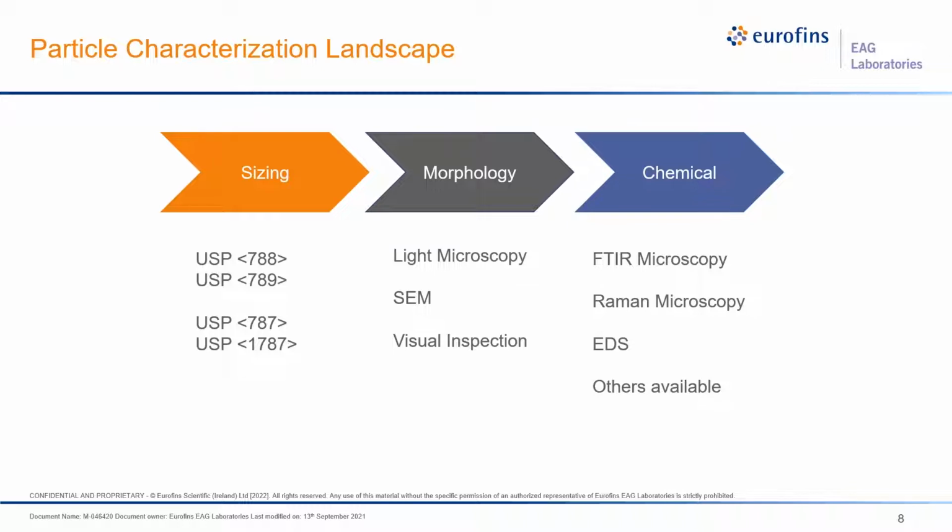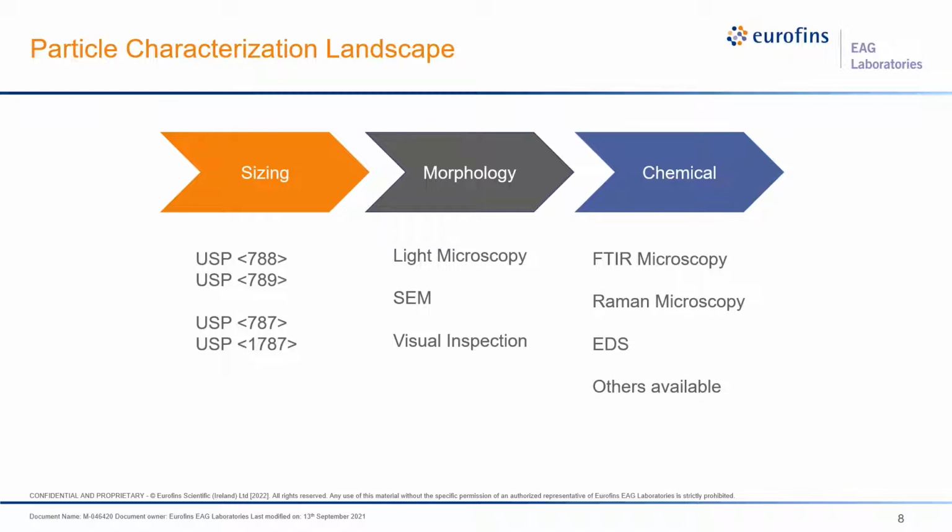And 787 is relatively newer. It's a good backup if 788 cannot be used for your sample. And of course, other industries have their guidelines as well. Aerospace has their own, and that method has been highly adopted by other industries. Morphology-wise, it usually requires some sort of imaging technique, so optical microscopes and SEM are commonly used, and visual inspection as well.